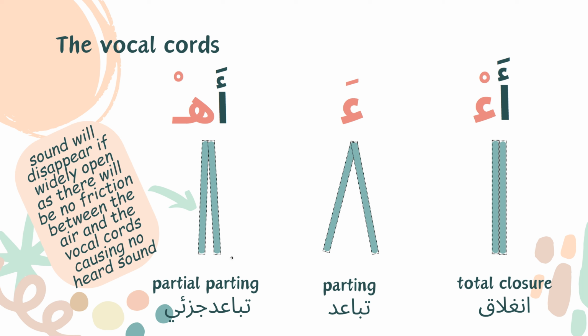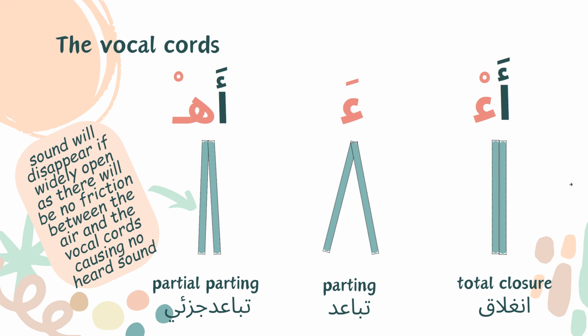So there's no sound. Why is that? Because there's no friction happening between the air and this part. The vocal cords are so widely open that the air is just running with no vibration, so you can't hear any voice. No friction.